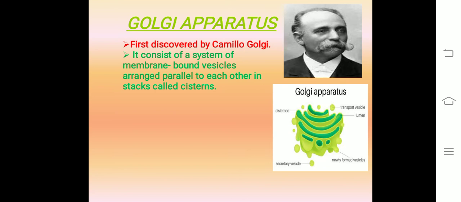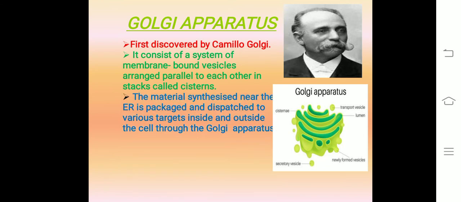These membranes often have connections with the membranes of endoplasmic reticulum and therefore constitute another portion of a complex cellular membrane system. The material synthesized near the endoplasmic reticulum is packaged and dispatched or transported to various targets inside and outside the cell through the Golgi apparatus.